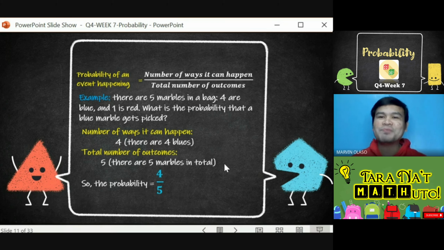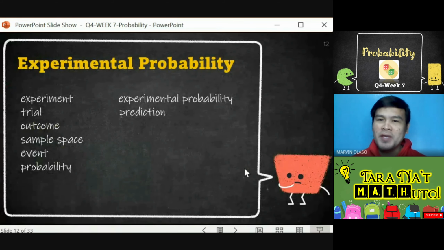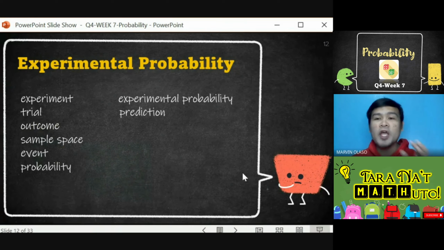Nagkakaintindihan ba tayo? Now, to further discuss, we will focus now on the other type of probability, which is experimental probability. Experimental probability, here are some words bago tayo mag-discuss. We need to understand more these words so that we will be able to understand clearly what this experimental probability is all about.